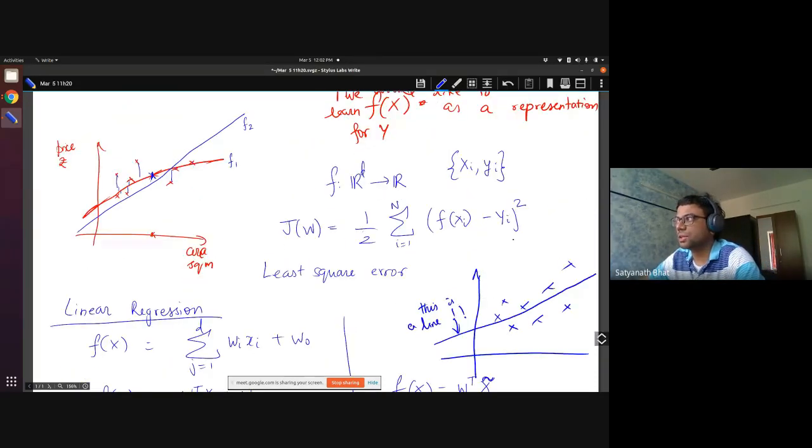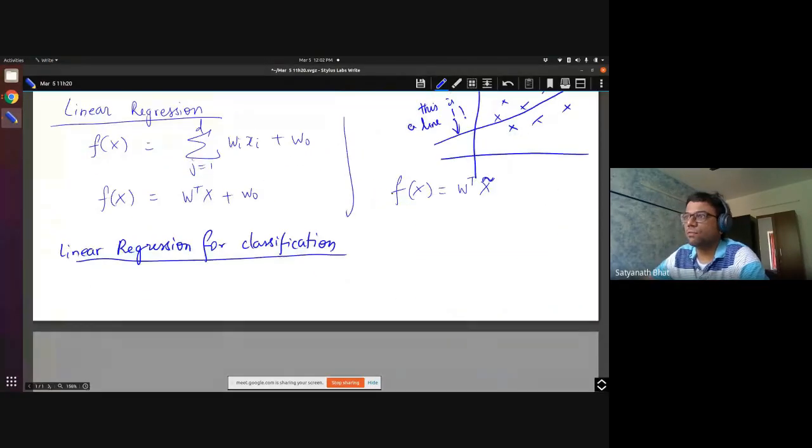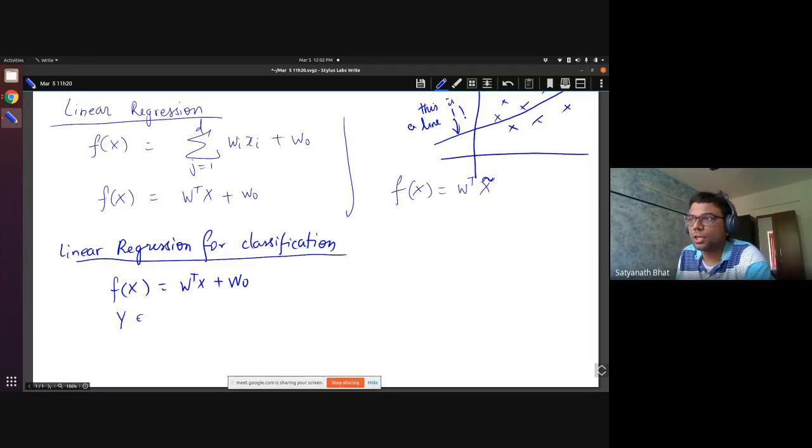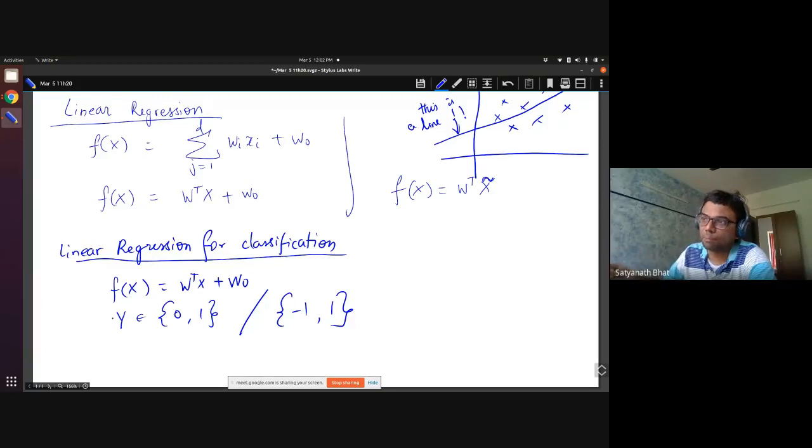The cost function yi, the y's have to be in R, right? So if I apply linear regression where f of x is given by w transpose x plus w naught, I can use it to also learn y belonging to either the 0, 1 space or -1, 1, since I can use f of x to represent any real number. In particular, I can do it for 0, 1 or -1, 1 as well.